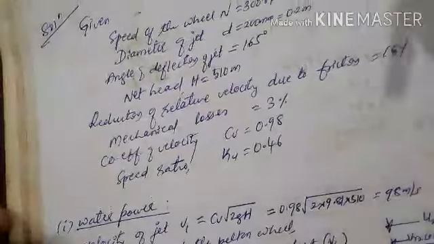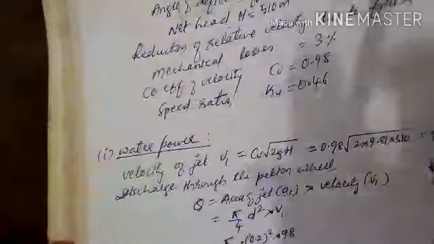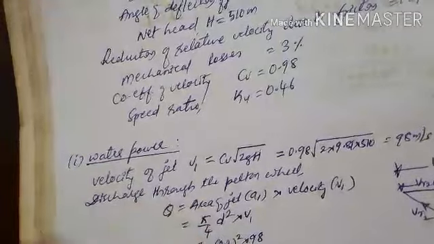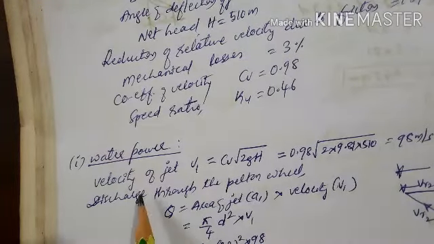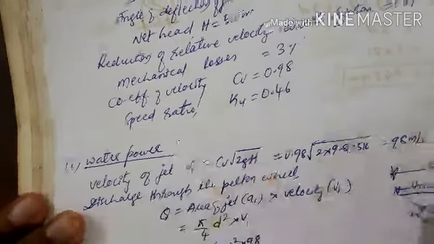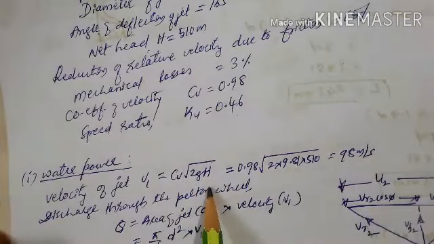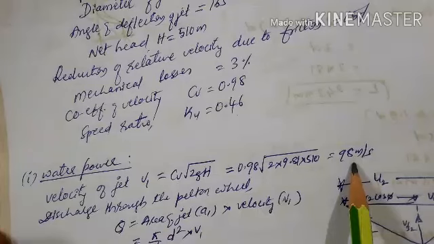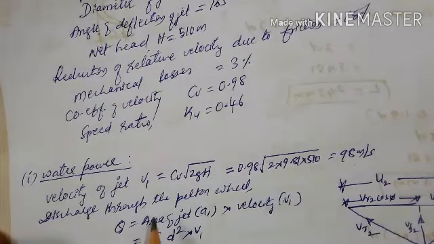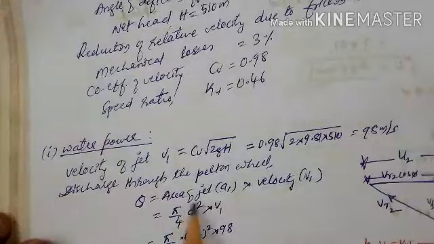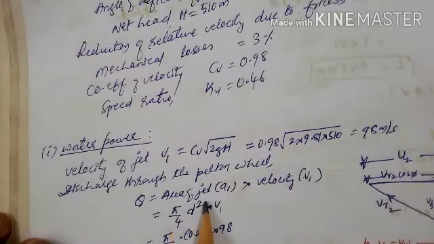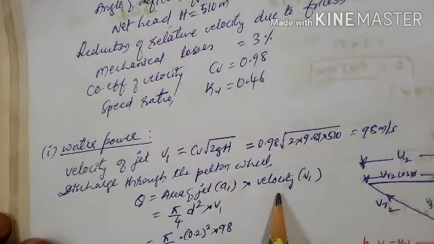Then you have to calculate the water power. To calculate water power, first we need to calculate the actual velocity of the jet. V1 is Cv into root of 2gH. Then we get 98 meter per second. Then the discharge through the Pelton wheel can be easily calculated, that is Q equal to A into V, area of jet into actual velocity of jet.